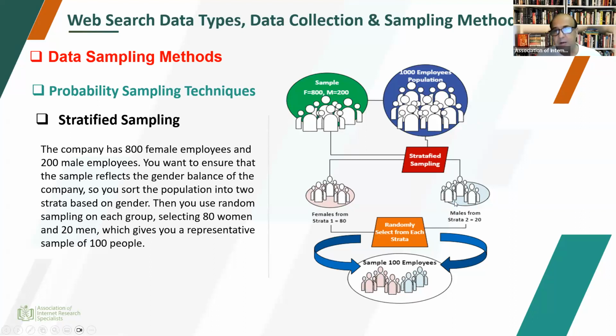And you're going to call these strata, or in-between groups, males and females. And when you put 80 and 20 together, you get a sample size of 100 employees. So basically you make two strata to maintain that ratio.